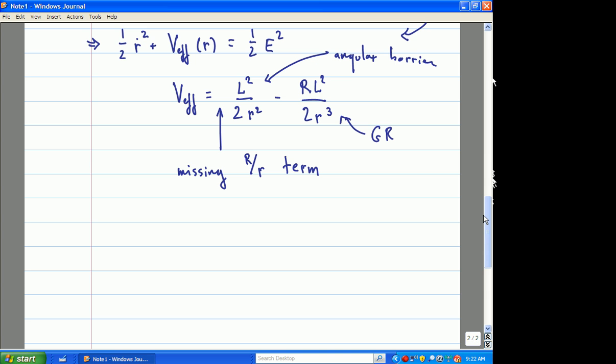So if you studied the motion of light in Minkowski space in polar coordinates, you would find that in terms of the r term, there's effectively some sort of centrifugal term, which will tell you that r dot is not a constant, but rather depends on r. And that's precisely what this term is. This is precisely that first term.